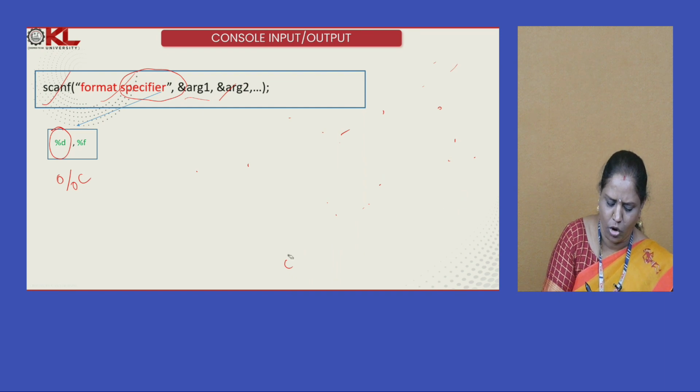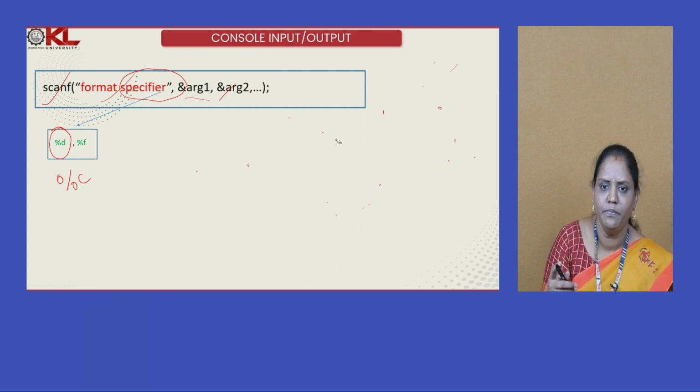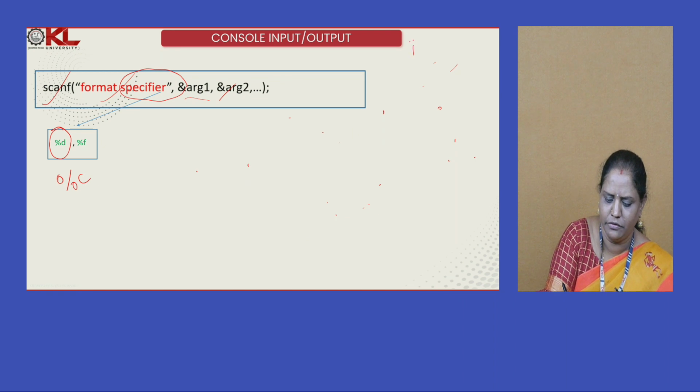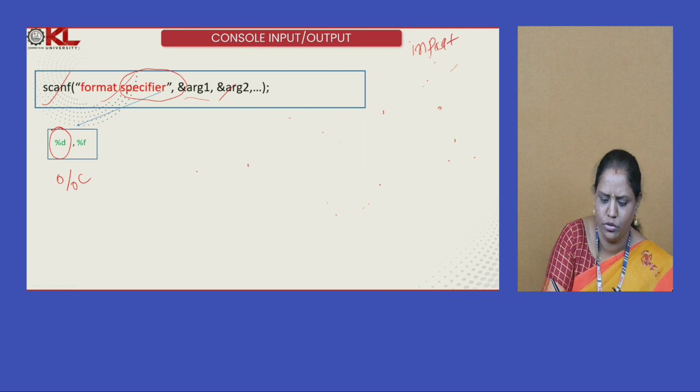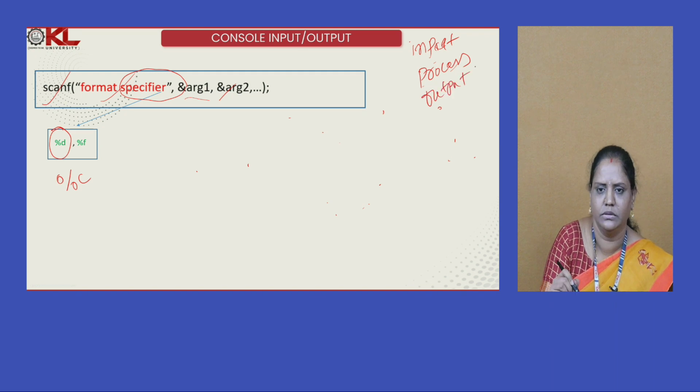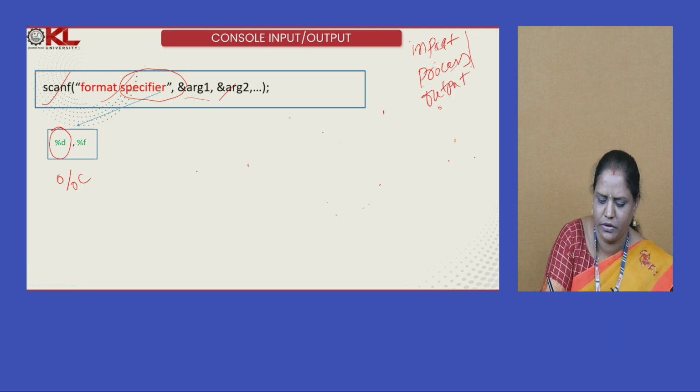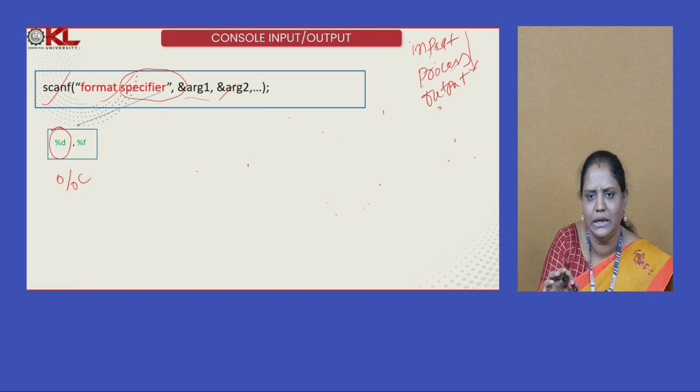So remember the order of writing any program: first taking input, then if your program needs any calculations you do that processing, and then you print the output. This is the order of any program in any language.